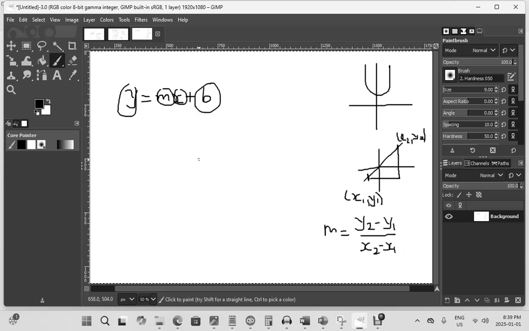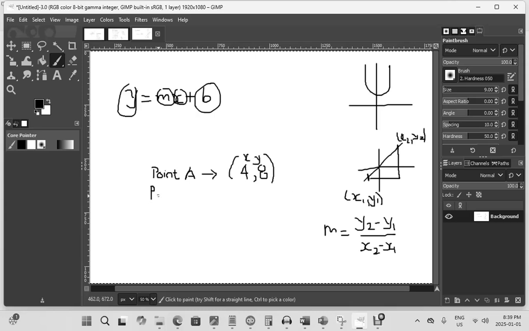For example, this point over here, point 1 or point A, is 4 and 8. So 4 is your x and 8 is your y.